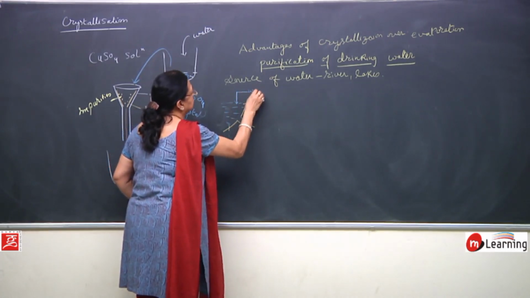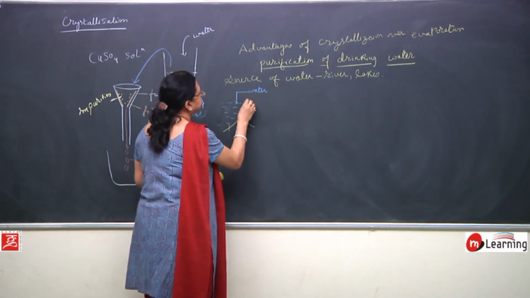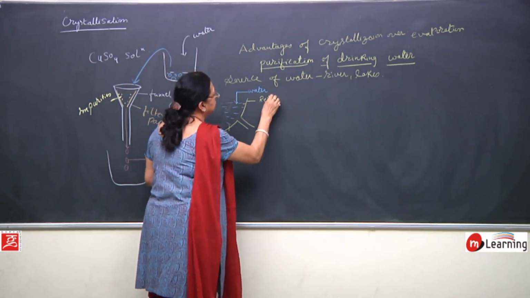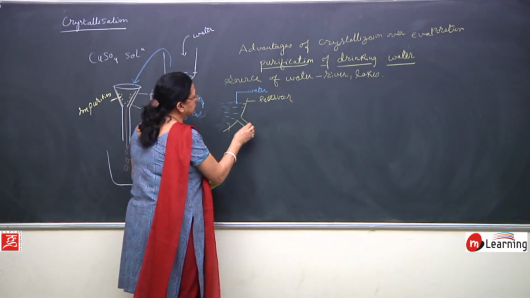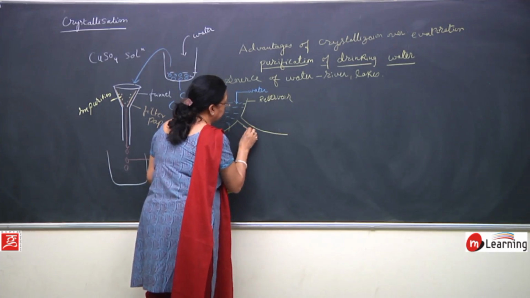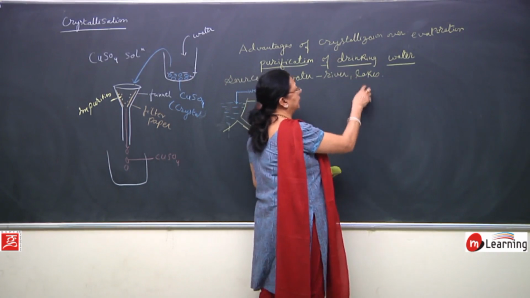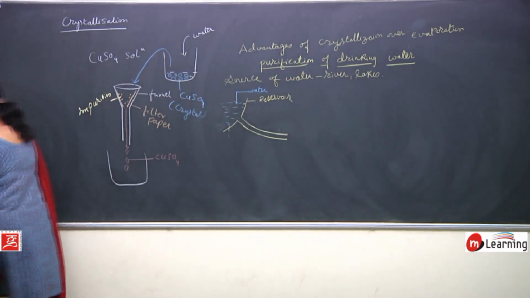This is water and this is the reservoir where we store the water. Now this water which we take from a river or lakes, what are the impurities present in this water?